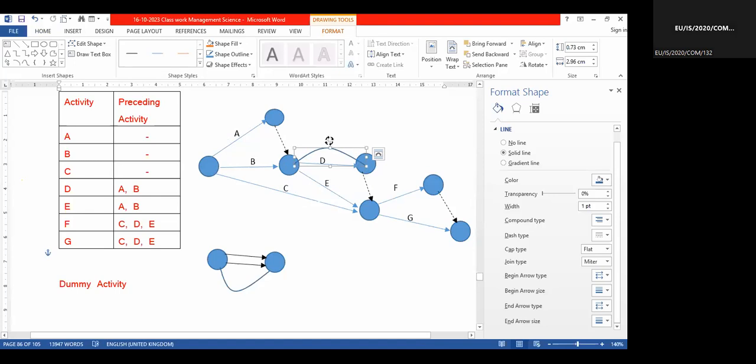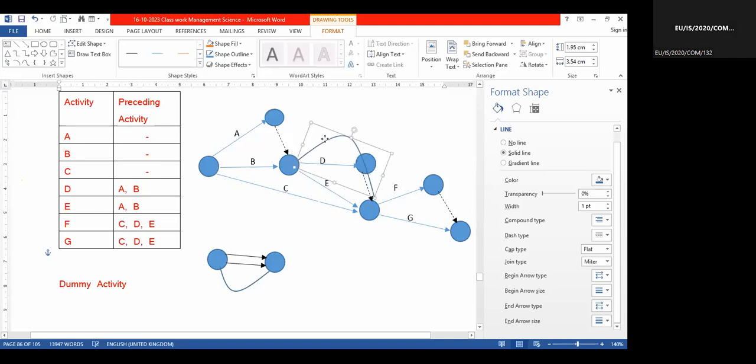I cannot bend it like this. So for any circumstance, we cannot use these bending lines.